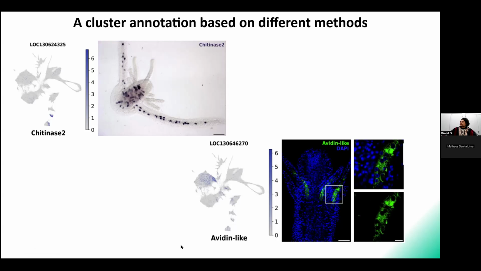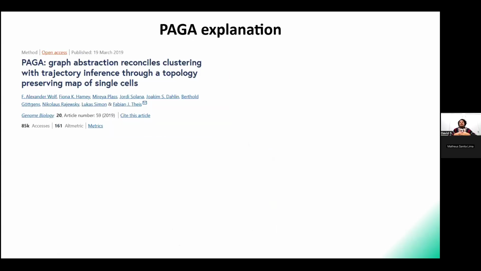We have an immunofluorescence, where we developed a specific antibody for this gene, and we label it in the colony, in the polyp, and it is specific to the venom cells that are in Hydractinia. But not only this, because it's only one way of validating the clusters, we also used several other methods.